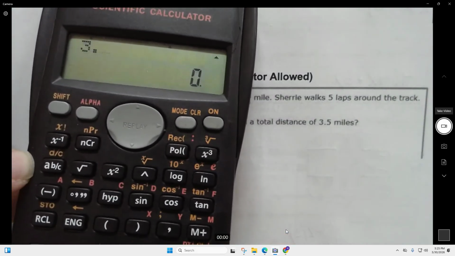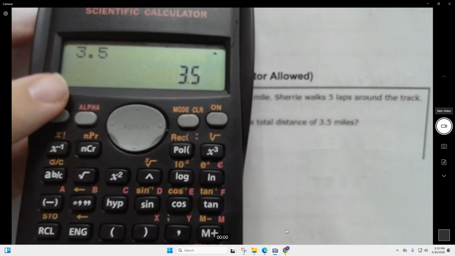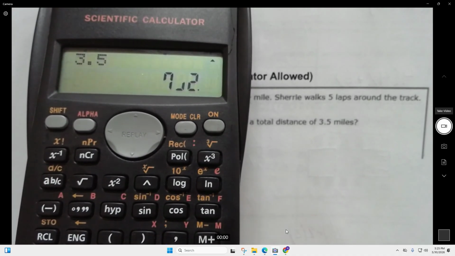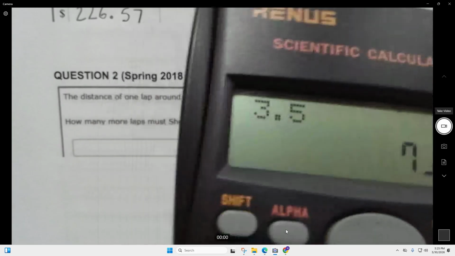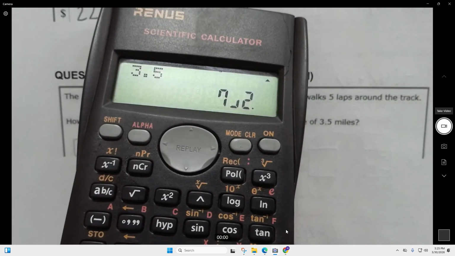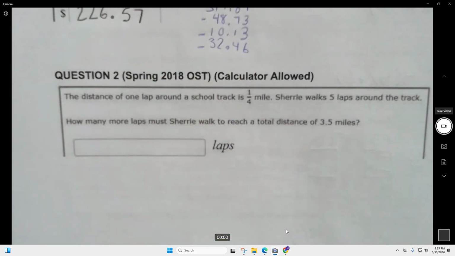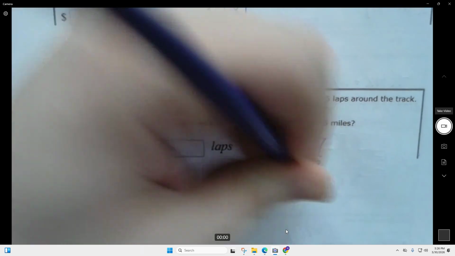I can hit 3.5, hit the equals button, and then hit Shift ABC, and that will convert it for me to an improper fraction. So it tells me that 3.5 is the same as 7/2.